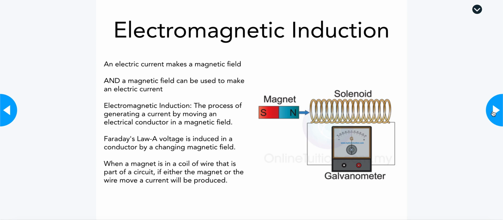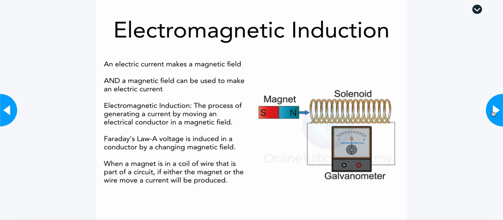But it turns out a magnetic field can also be used to make an electric current. And this is the process of electromagnetic induction, the process of generating a current by moving an electrical conductor in a magnetic field. So basically what is happening is called Faraday's law.